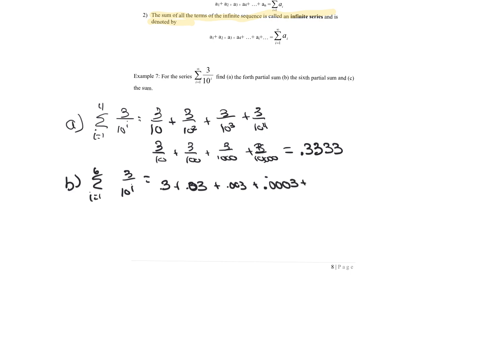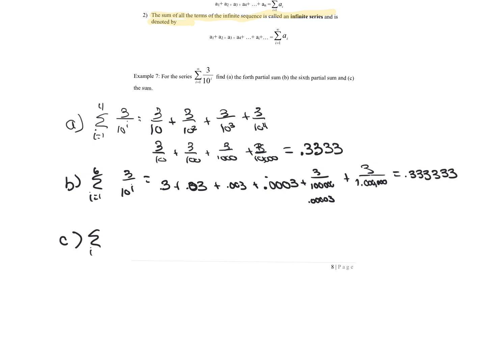And then I would have to add 2 more over here, 3 over 100,000, which is 0.00003. And then there would be another one for 3 millionths. So this would be 0.333333.